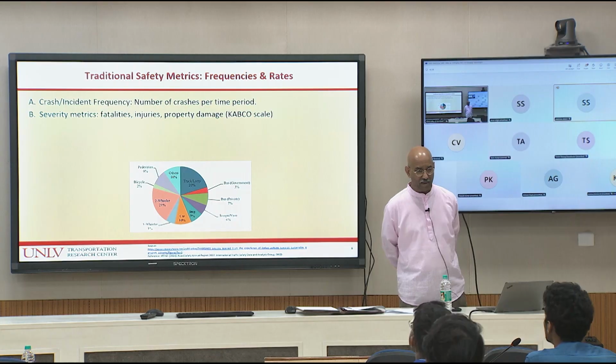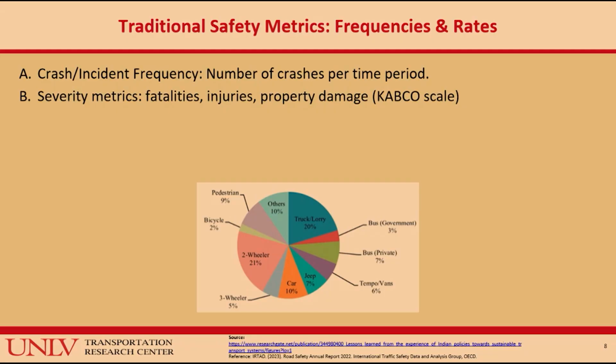So the way that we have talked about safety so far this week has been primarily based upon the frequency or the count of the number of crashes. It could be per day, per week, per month, per year. We have looked at outcomes of crashes: fatalities, injuries, property damage, and the KABCO scale.